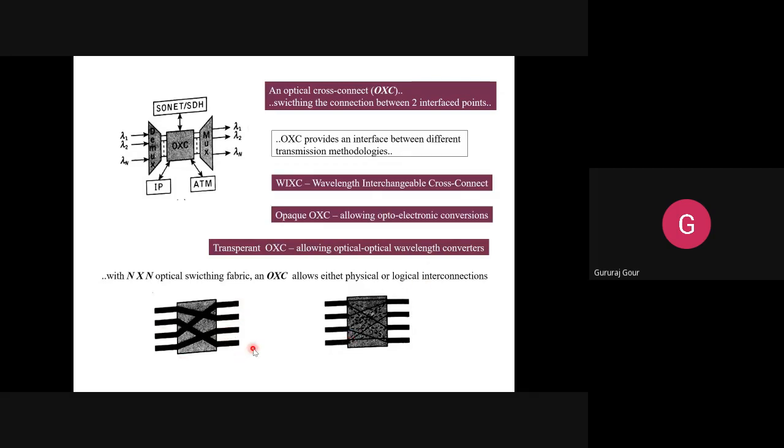In a similar manner, if this is an N by N optical switching fabric including opaque or transparent OXC, it will provide the functionality like optoelectronic conversion or optical to optical wavelength conversion. After doing that, if you desire those converted wavelengths to be multiplexed, you can multiplex and send them as a single multiplexed signal.